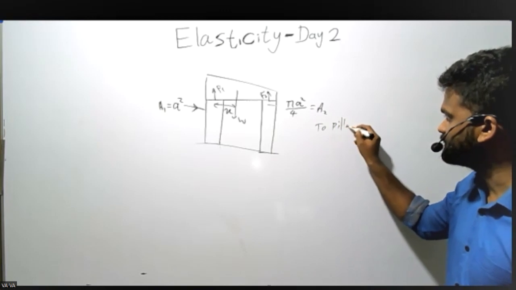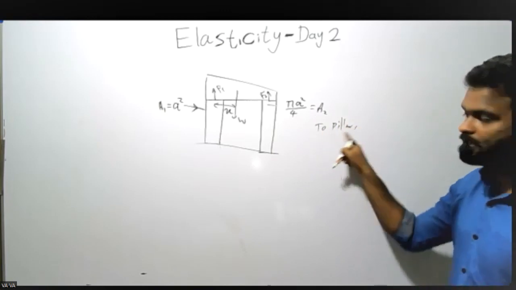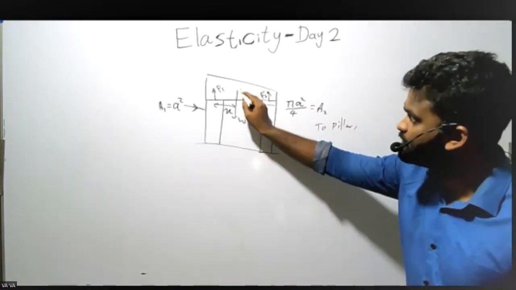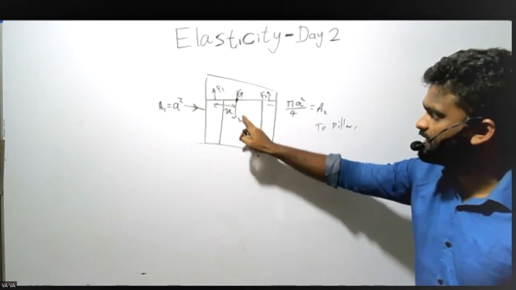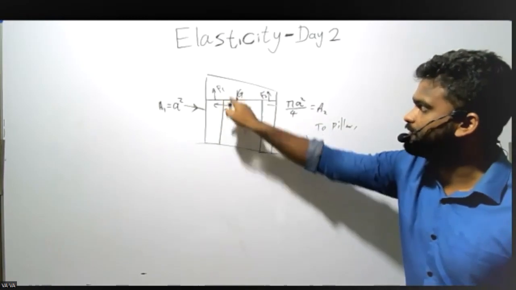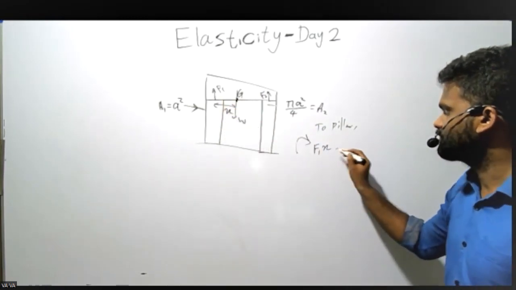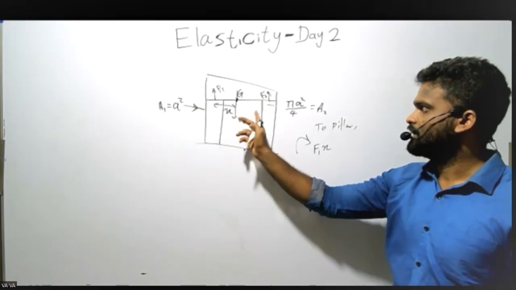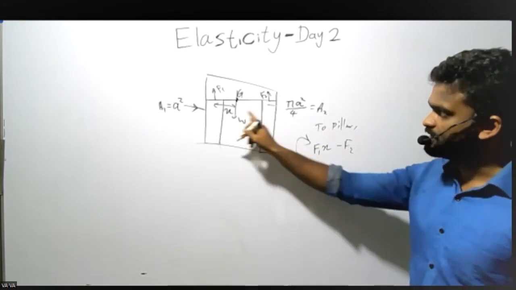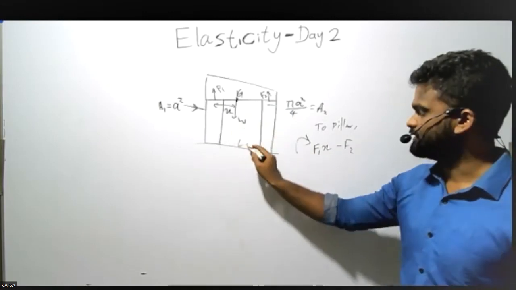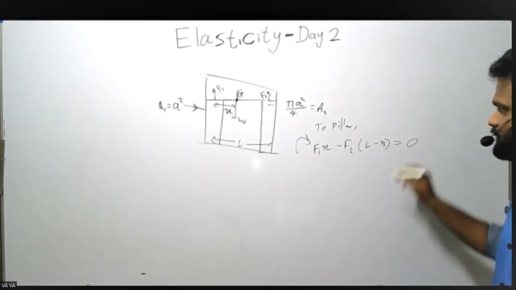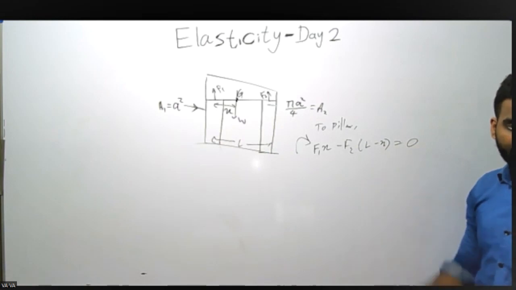So I'll consider the equilibrium of the beam, taking moments about G, since I need to get rid of this W. So on this side, F1 times X. On the other side, minus F2 times this distance, which is L minus X. This whole thing is equal to 0 because it is in equilibrium.